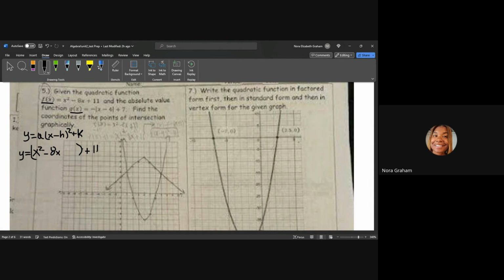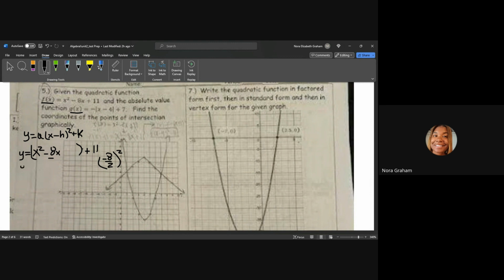So for this one, it's going to be easier because my x squared coefficient is 1. So what I'm going to do is use b over 2, right? In this case, my b is negative 8. I divide it by 2, and I square it. And I want to take this and add it to the inside and subtract it from the outside of my parentheses.